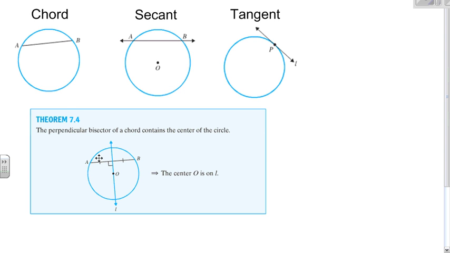A perpendicular bisector of a chord will go through the center of a circle. It's just a theorem. It can be proven. And it's a simple way to think about it.